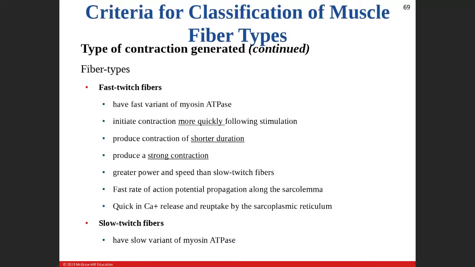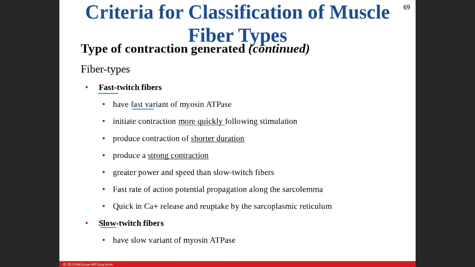All right. So when we're talking about our fiber types, we've got our fast twitch and slow twitch. I'm sure some of you have heard of these two before, especially if you've undergone any type of I don't even know if they talk about it in gym class anymore. All right. But our fast twitch is going to have what we refer to as the fast variant of the myosin ATPase.